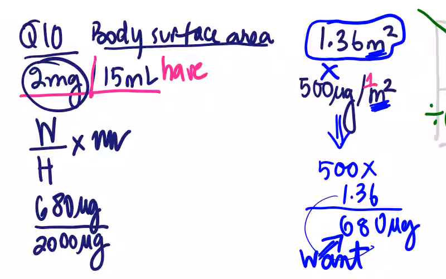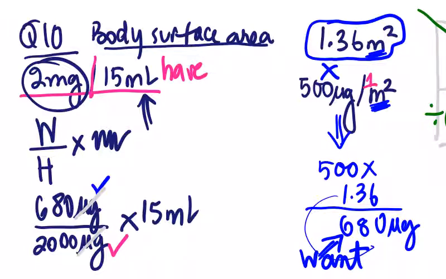So let's recap. We have the 680 here, we have the have there, and we multiply by the volume, which is the 15 mils. As I have been saying, we cancel the micrograms, and the answer will come out in mils. So let's do the calc. 680 divided by 2,000 multiplied by 15, and we get 5.1 milliliters.